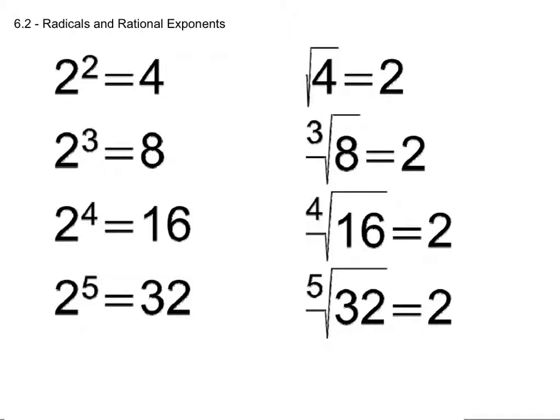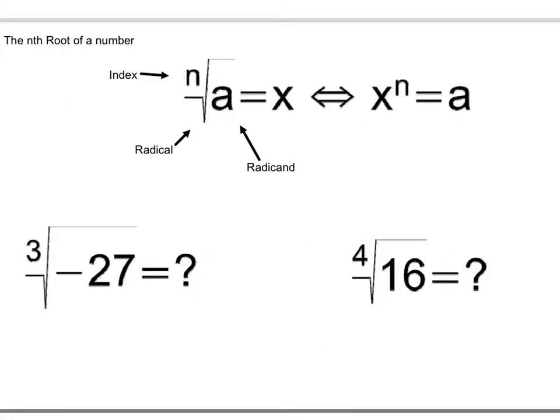Now, not all the time will all the radicals, which is what these are here, come out to being 2. I just wanted to illustrate this using some basic facts, using powers of 2 to see just how easy that is. Well, we usually work with the square root or even the cube root. We actually can find the nth root of a number for any positive whole number n.